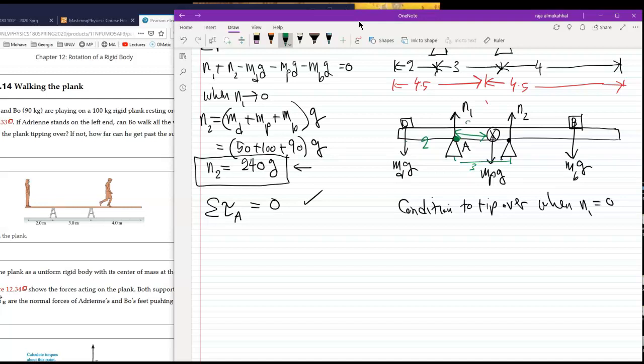Yes. And this is 0.5 here. And then from A to where Bo is, I don't know. I'm going to call it X. And that's really what I'm looking for. Got it? Okay.